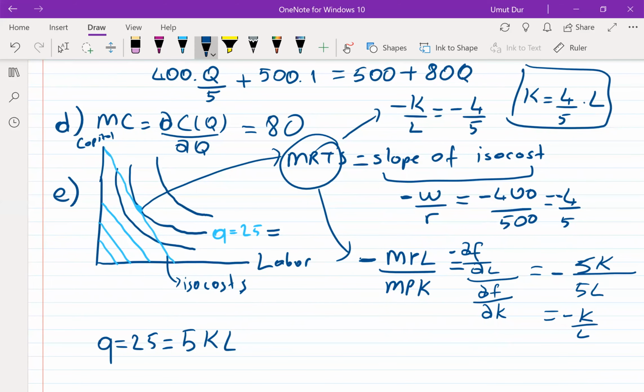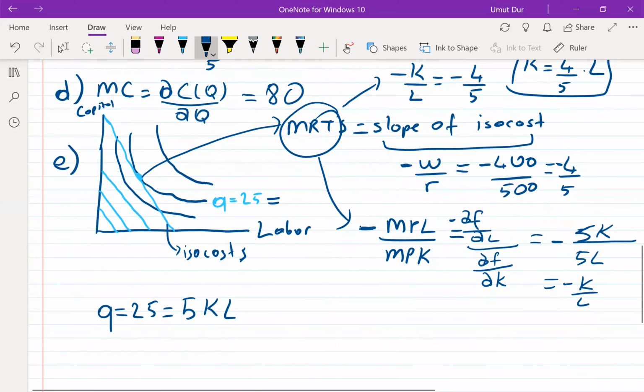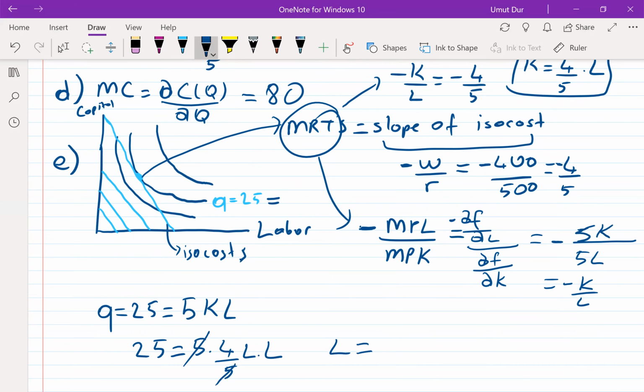Instead of K, I can write 4 over 5 L. 25 is equal to 5 times 4 over 5 L times L. The 5s cancel each other, and I have L squared equal to 25 over 4, and L will be equal to 5 over 2. And K will be equal to, I will just plug in the value here, 2. That's it.